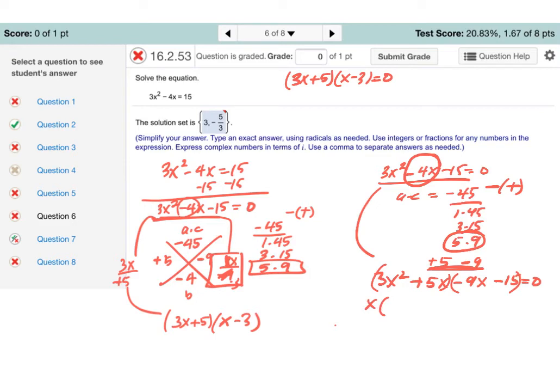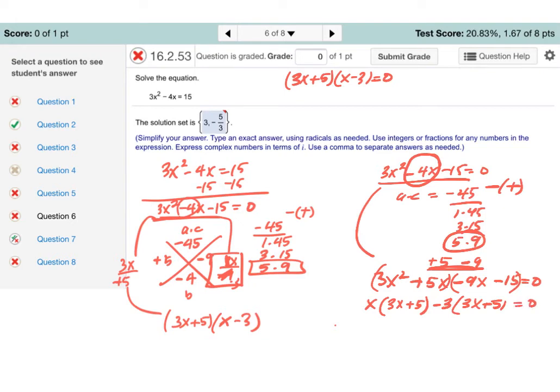So if we factor out an x, we get 3x plus 5. Here, for negative 9x and negative 15, since this is negative, we're going to factor out a negative. And they both have a common factor of 3. So if we factor out a negative 3, we'll get a positive 3x left from the negative 9x. And if we factor out a negative 3 from negative 15, we get a positive 5.